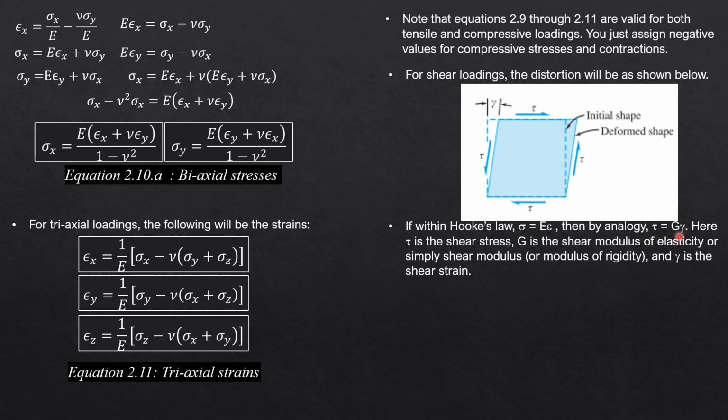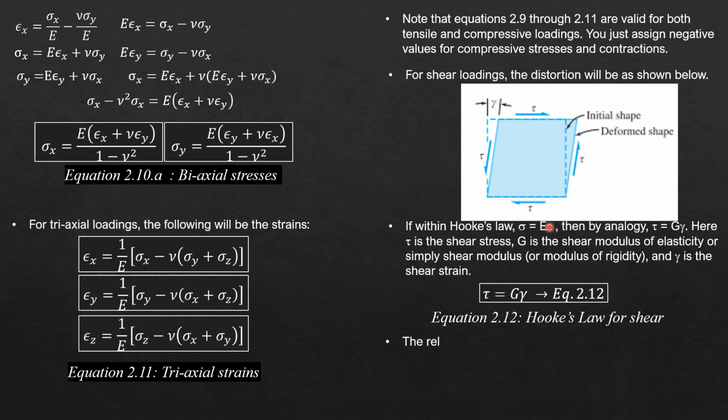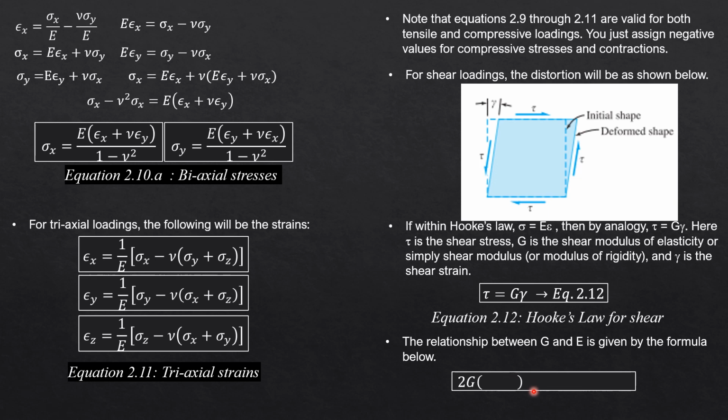So take note of the analogy. Shear stress is shear modulus times shear strain. That's the equation, and the relationship between shear modulus, Poisson's ratio, and Young's modulus of elasticity is rearranged in this manner so that you can easily recall it: 2G quantity 1 plus V, 1 plus Poisson's ratio, equals E. So I arranged the formula in this manner so that you can easily recall it.